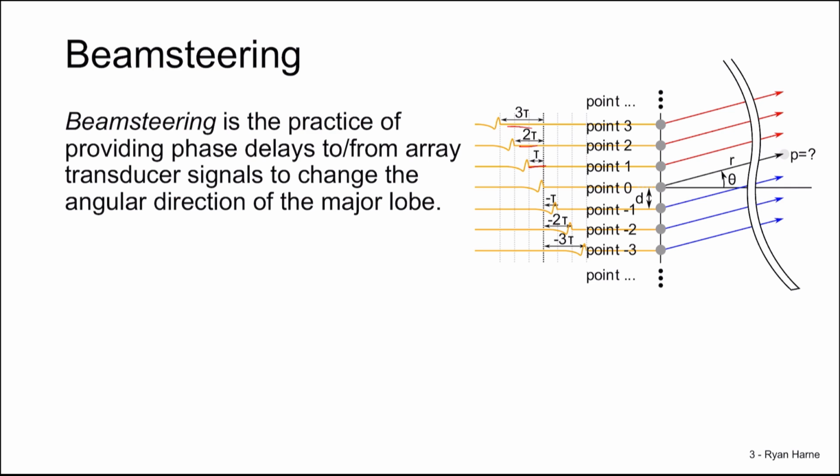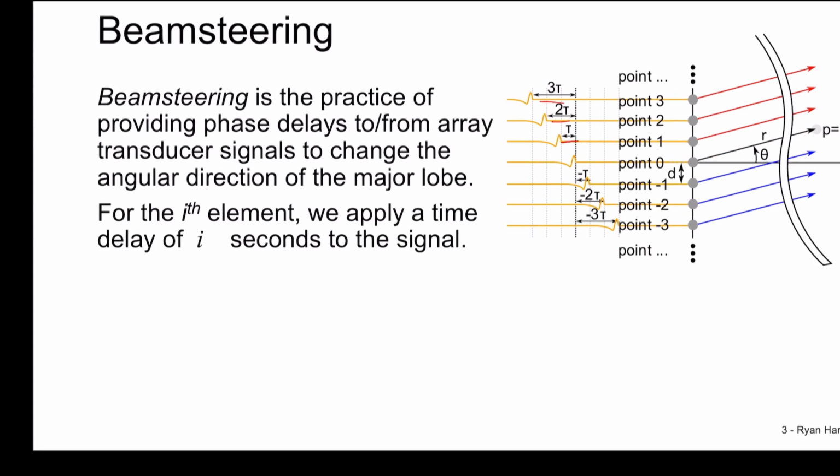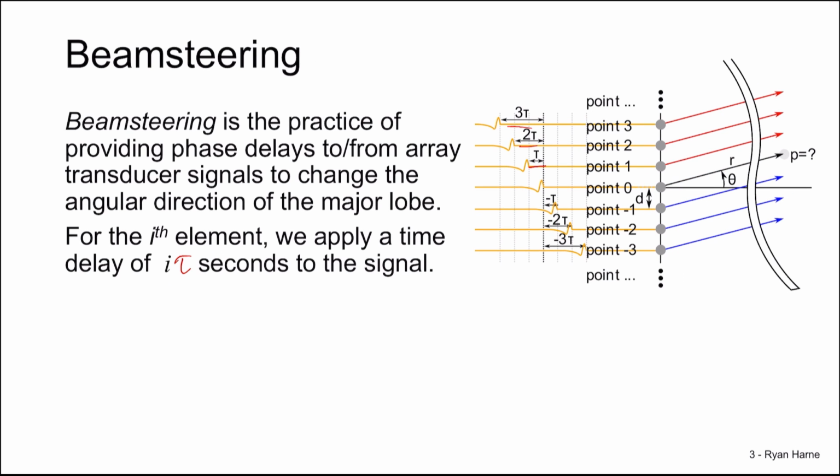The consequence of this is that for the ith element, we apply a time delay of i times tau seconds to the signal. So for the point source 0, there is no time delay. For the point source 1, there is a positive time delay of tau. For point source 2, we apply a time delay of 2 tau. And for point source -1, we apply a negative tau time delay.